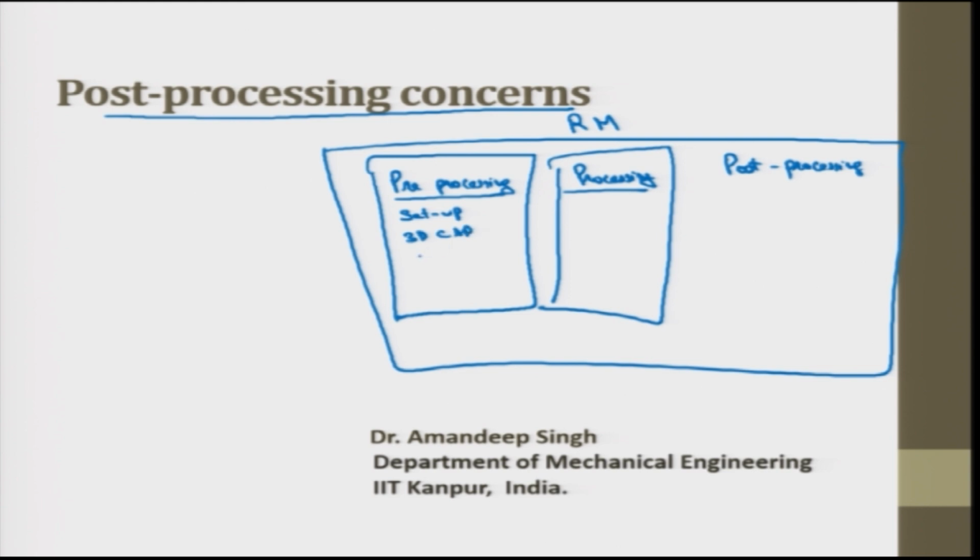Then we do some material processing if required, material pre-processing I will call. We generate layer and contour data and set up the operators. All these are the steps that we follow in pre-processing. In processing, we have different processes, SLS, SLA, then FDM, LOM, and so on.